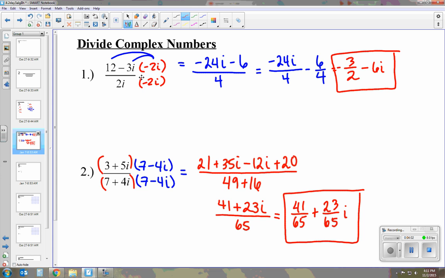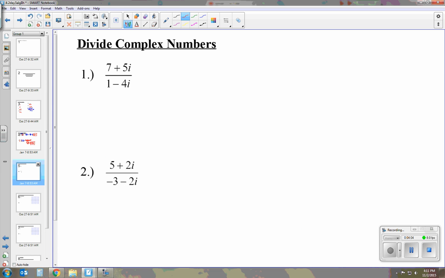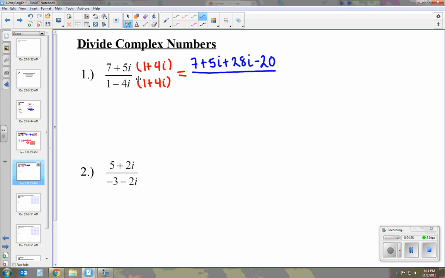Let's see 2 more examples of these. Okay, we're going to multiply by the complex conjugate, so we do 1 plus 4i and 1 plus 4i. FOIL again. So we get 7 plus 5i plus 28i minus 20. Next one is going to be 1 plus 16.